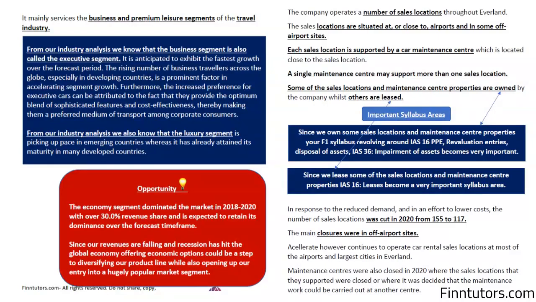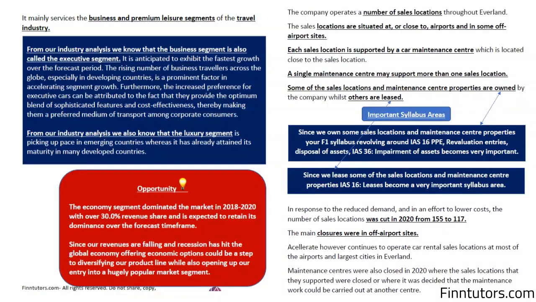So see, a light bulb goes off in our mind with an opportunity. The economy segment: if you've gone through the industry analysis, the small cars economy segment dominated the market in 2018 to 20 with over 30% of the revenue share. And we are not offering any economy services. Why is that? Could this be an opportunity for us in Everland itself to start offering economy cars?